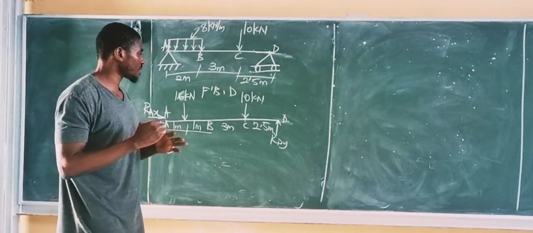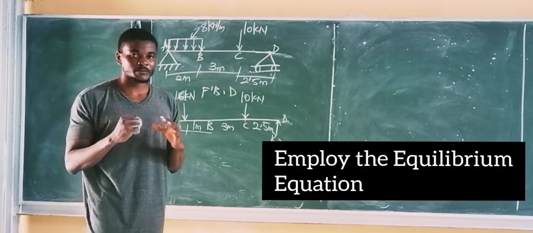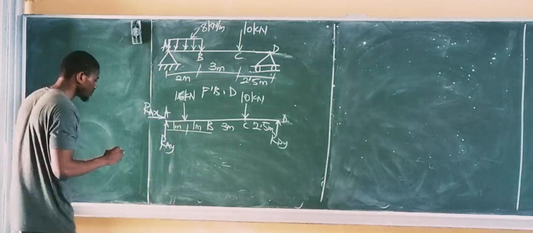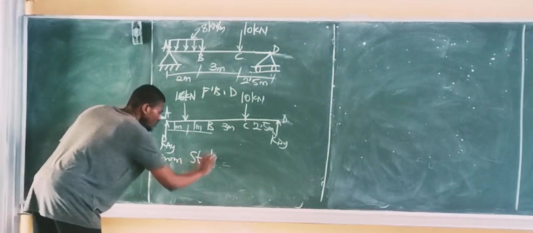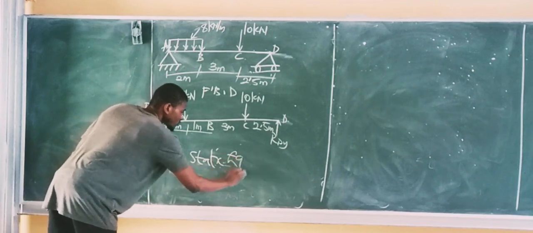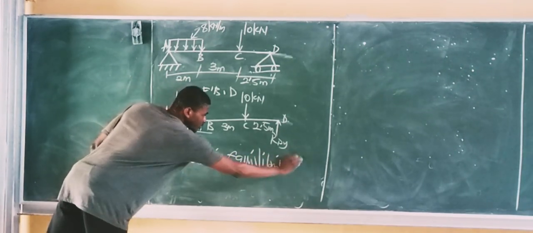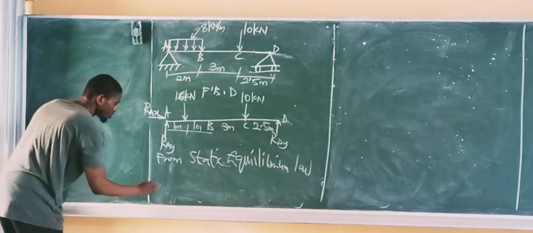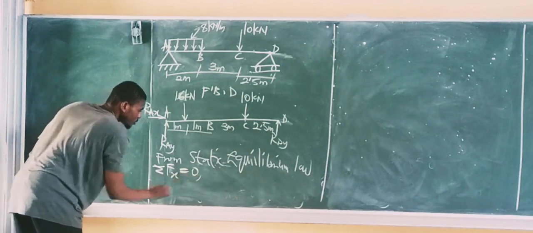After obtaining the free body diagram, the next thing to do is to employ the equilibrium equations. So from the static equilibrium law, we have that summation Fx is equal to 0.